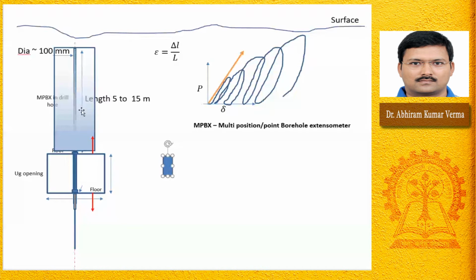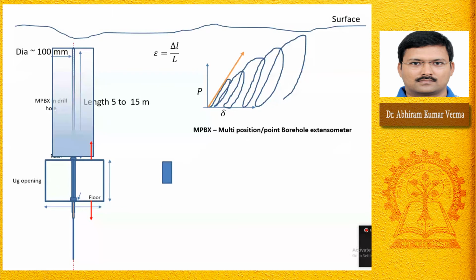So when we are going to have a large size sample, definitely it will incorporate a number of joints within that, and we are trying to get the behavior of all of them. And during this process, not only are we testing the joints, but also other factors, maybe the presence of material which is filled in between the joint surfaces.